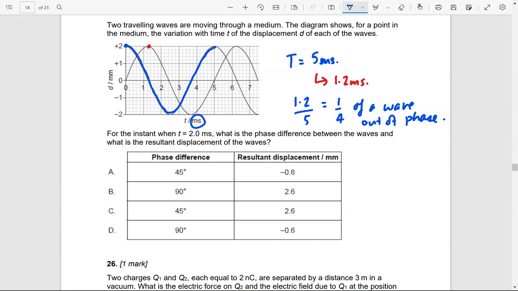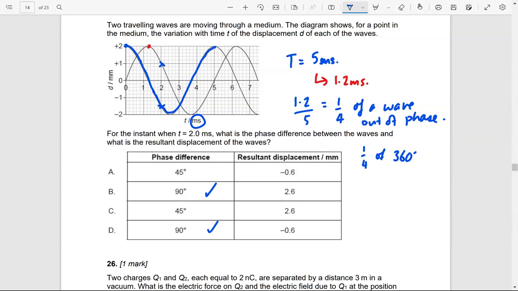If it's a quarter of a wave out of phase, that's a quarter of 360 degrees, or 2 pi radians. Quarter of 360 is 90. So the phase difference between them is 90 degrees. The resultant displacement, you have to add up the two. At t is 2 milliseconds, we're here and here.